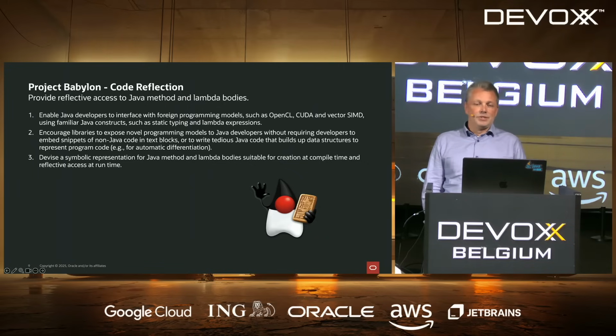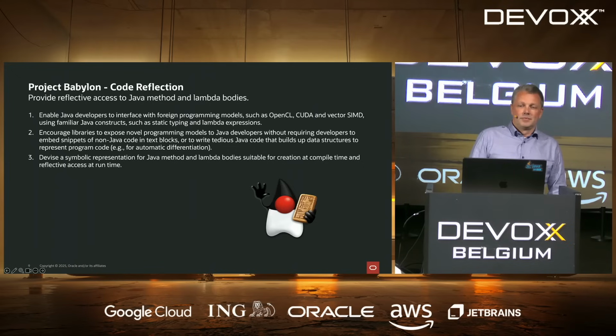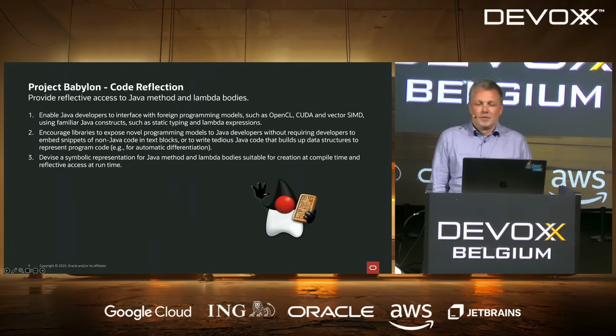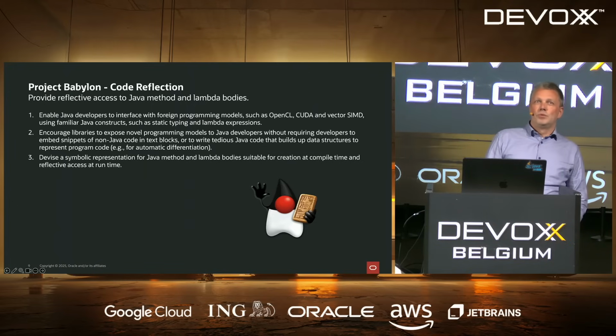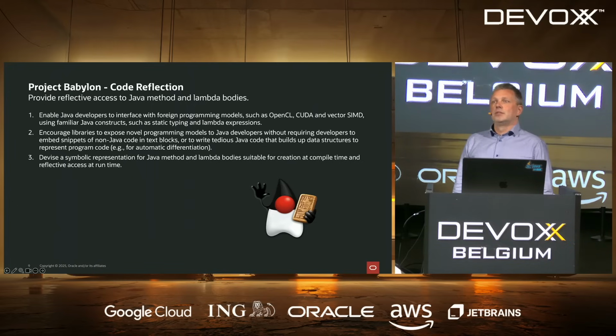So the challenge is to go from the models written in Java, as you are used to as a Java developer, where you are familiar with it and you have all the tools to code complete it and all the helpers, and go to the foreign code model in the background, so you don't need to know it.